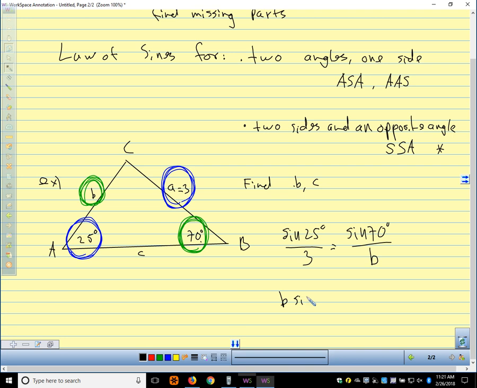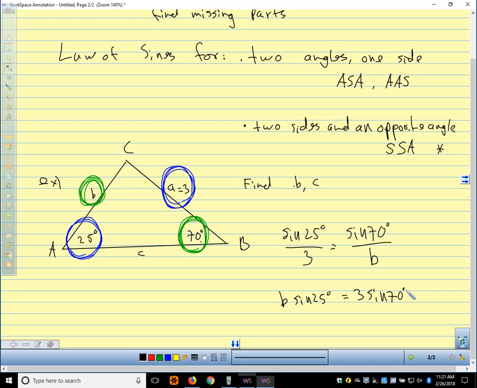B sine 25 equals 3 sine 70. Now you could, if you wanted, plug these into your calculator and turn these into numbers now to calculate with. If you do that, you need to keep 4 decimal places, because your answer can end up being way wrong if you don't.